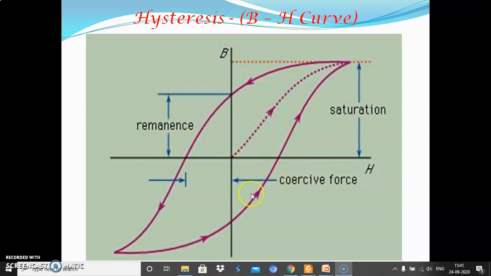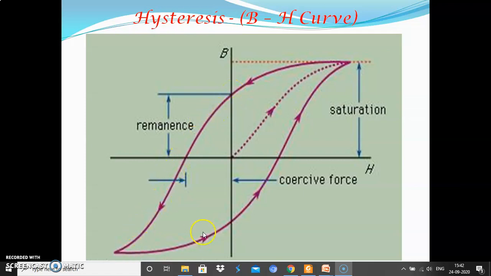See this graph. Here, when the magnetic field is increased, magnetization also increases. When it is decreased, and when H is 0, the magnetic induction also decreases, but the magnetic induction does not reach 0.